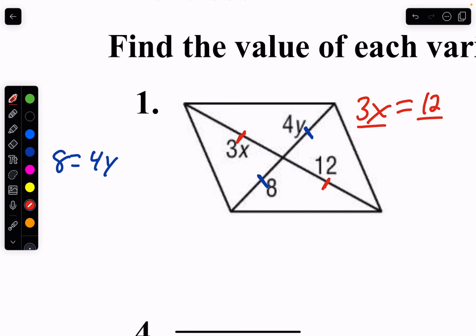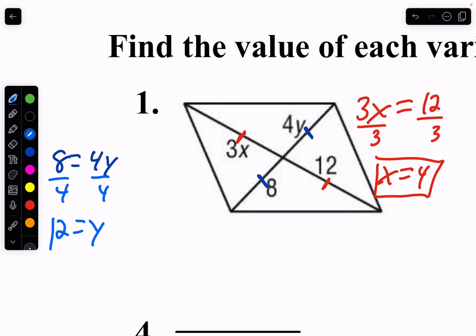That's the end of the geometry. You do a little bit of algebra now. Divide by 3, x equals 4. And for the other one, divide by 4, and 2 equals y. And you're done with both x and y for problem number 1.